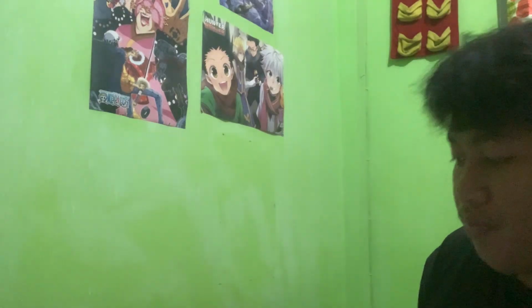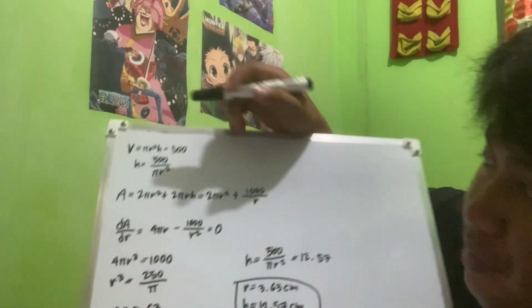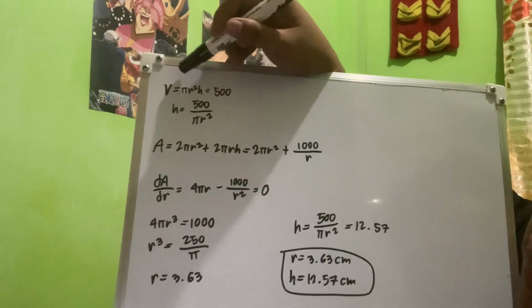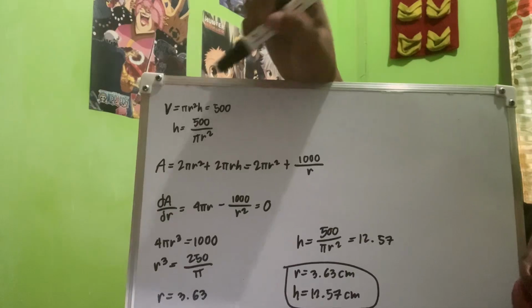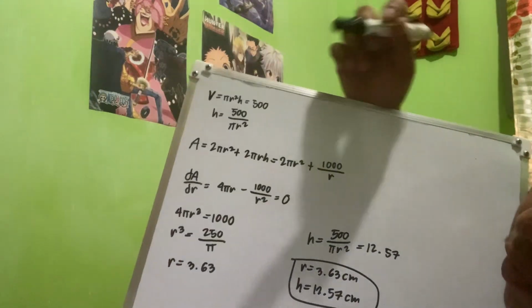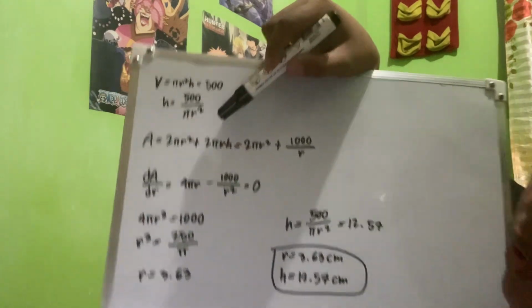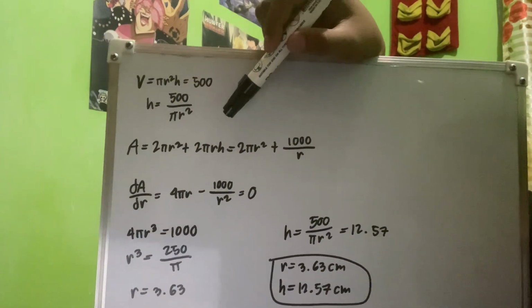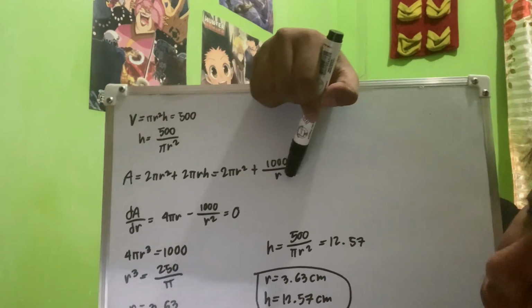So volume is V equals pi r squared h equals 500. So h equals 500 over pi r squared. So the surface area is 2 pi r squared plus 2 pi rh equals 2 pi r squared plus 1000 over r.